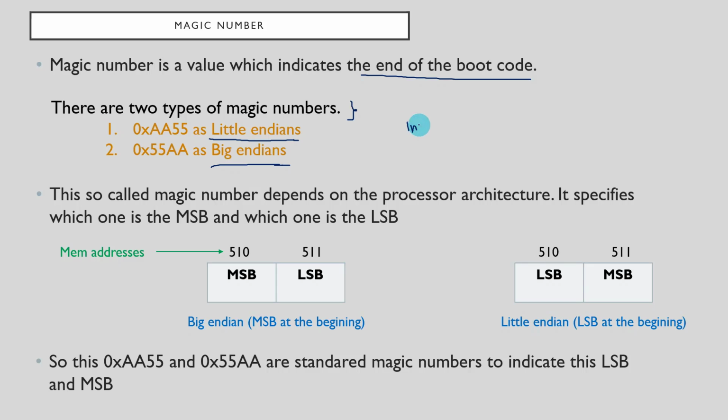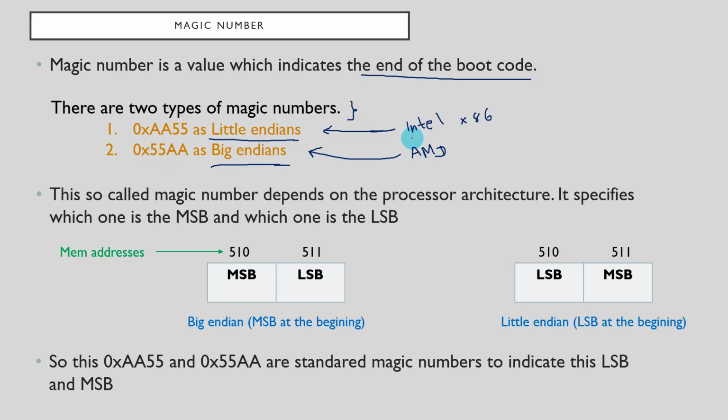When you consider the Intel x86 processor architecture, it follows little endian. If you consider AMD, as I remember, I'm not sure, AMD follows big endian. Likewise, different processors follow different magic numbers. It doesn't matter; that is the way it works.